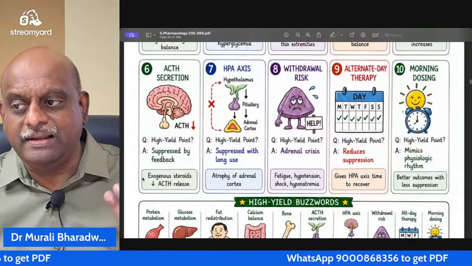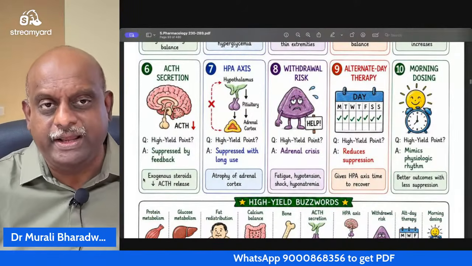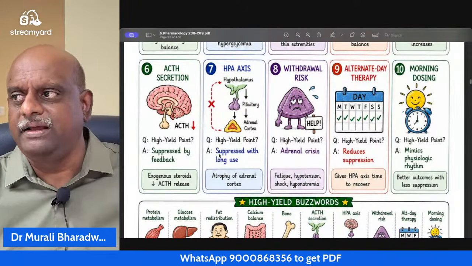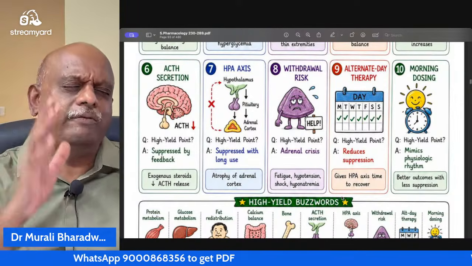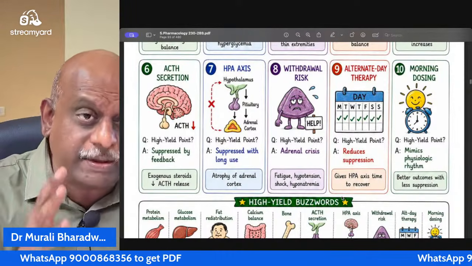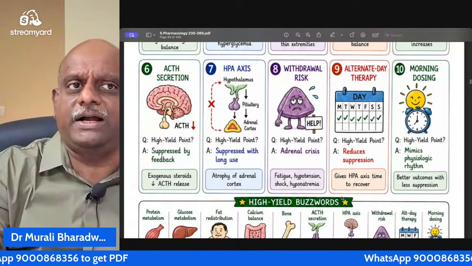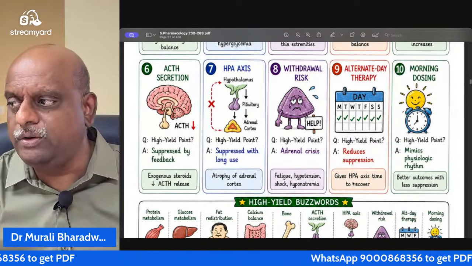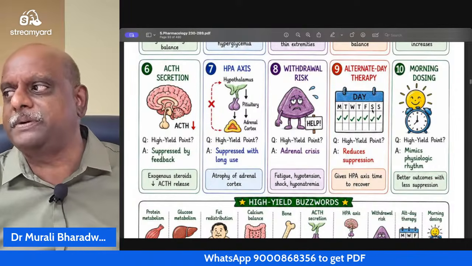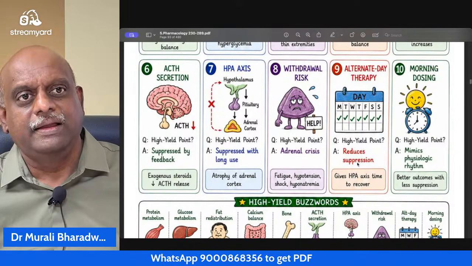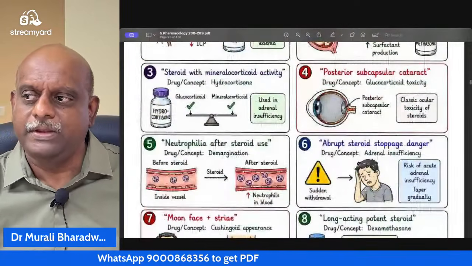And if you give exogenously, endogenous ACTH levels will decrease. So how can you prevent the adrenal suppression caused by exogenous steroids? Instead of giving daily, you try to give it on alternate day therapy, which will prevent the adrenal suppression. So that's a point you need to remember.